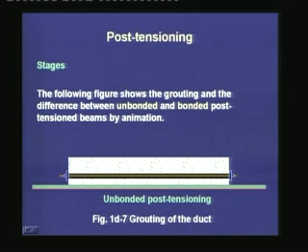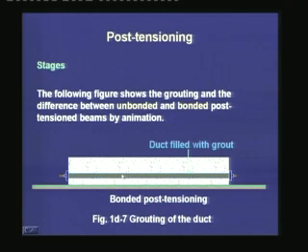If the beam is left just like this, then it is called an unbonded post-tensioned beam. But if the annular space is filled up with grout, then it is called a bonded post-tensioned beam.